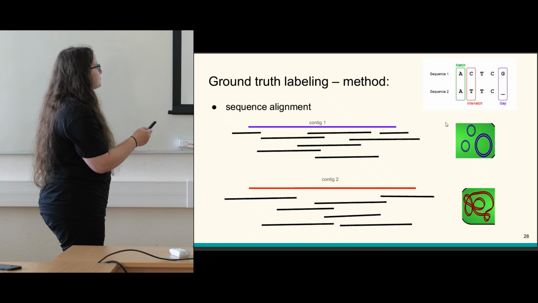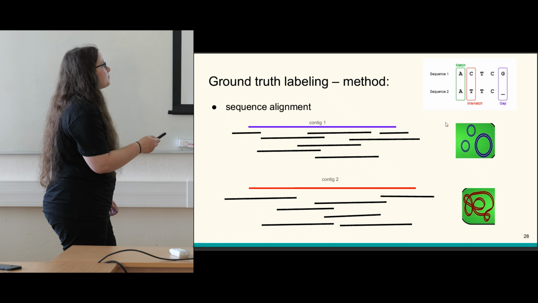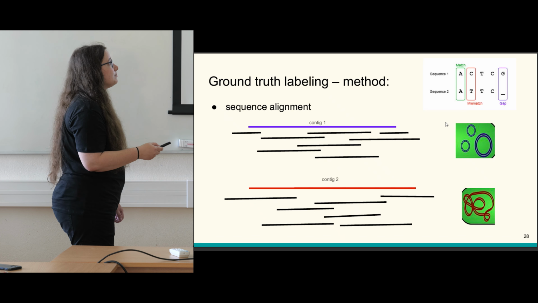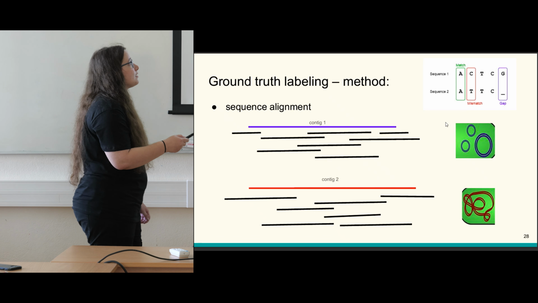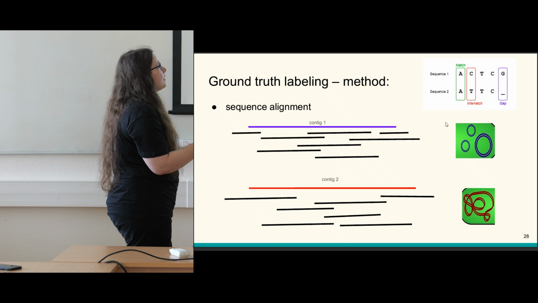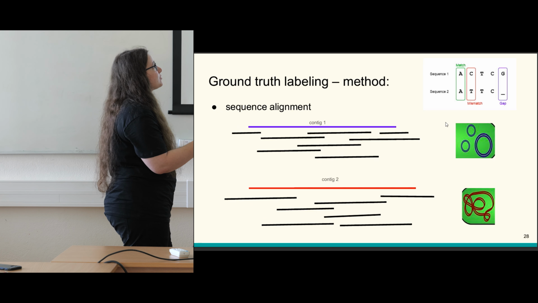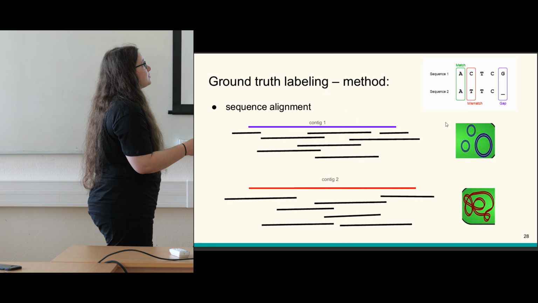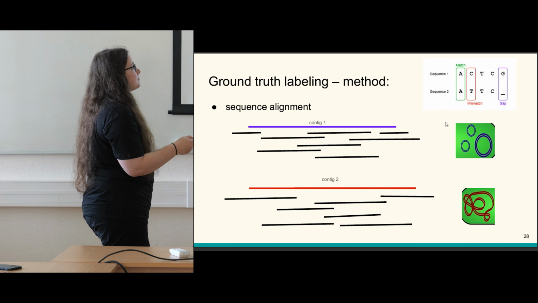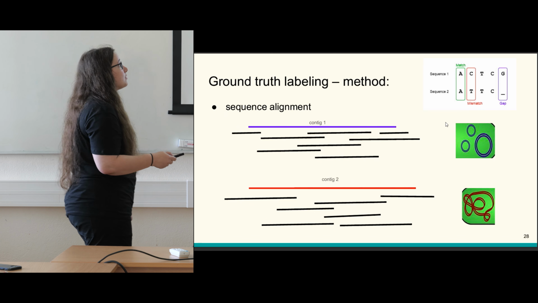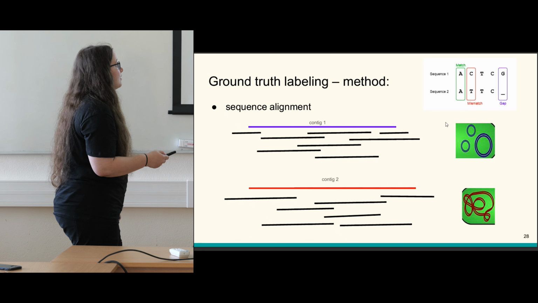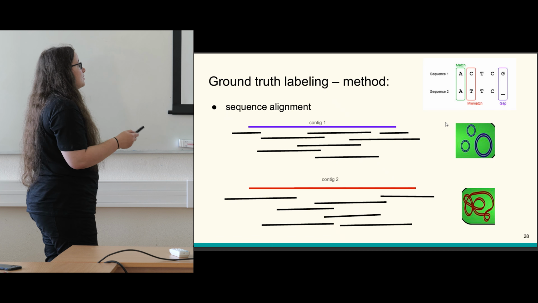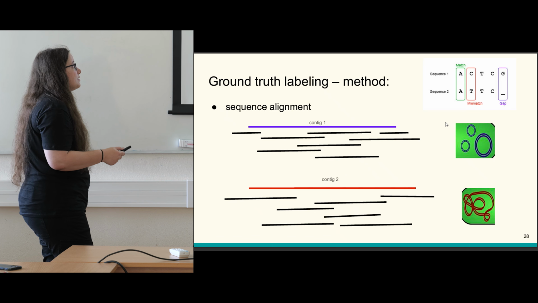This is done using dynamic programming according to some scoring scheme, as we can see here. We have two sequences, with a positive score for matches and a negative score for mismatches, and we want to include some gaps into the sequence so that the score is maximal. Also, the gaps can have a slightly negative score. And then we obtain the alignments.